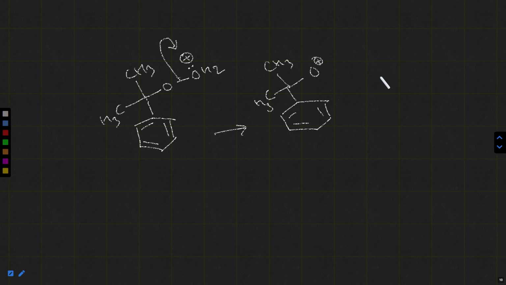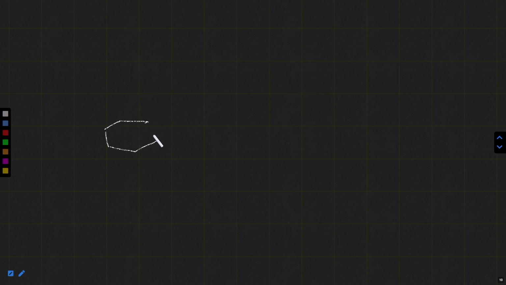Now the H2O that has been formed will attack here. This will go here. Clear? So what will it result in? Let me draw it clearly for you here. It will result in OH2 positive plus CH3 CH3.